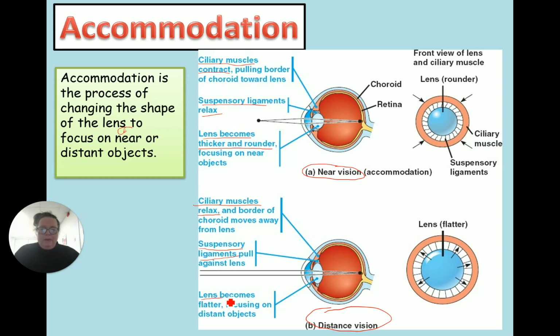And then the lens becomes flatter to focus on the distant object. Now, you only need to learn those 6 little lines that I've underlined. 1, 2, 3, 4, 5, 6. Because if you get a 6 marker and it says, describe how the lens changes shape looking at near and far objects, these are your key words that you're going to need to put in.